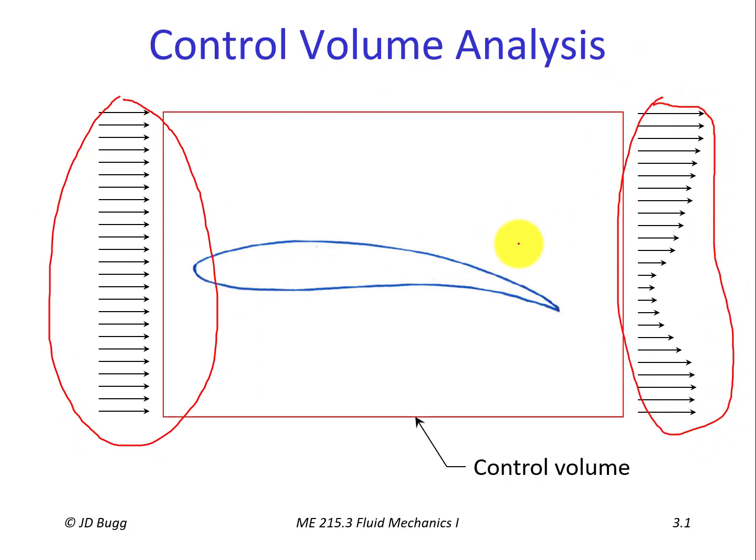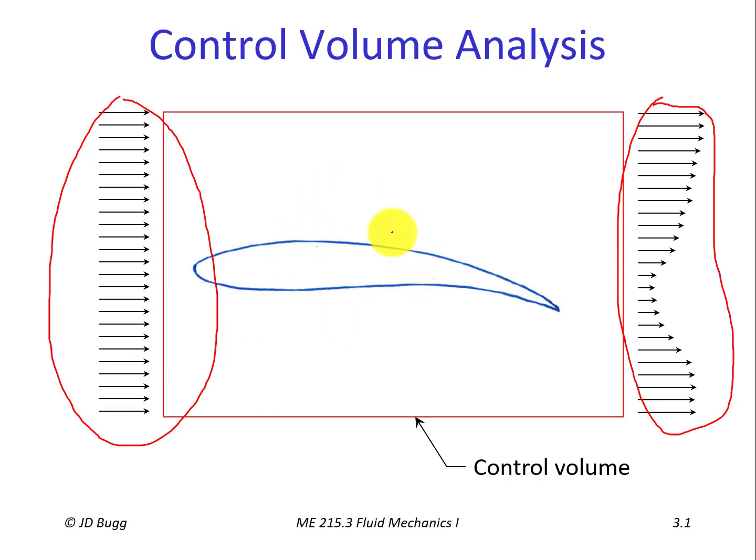And the change in momentum that that fluid experienced comes about because there was a force exerted on that fluid while it was inside our control volume. So if it has a different momentum leaving than it had coming in, there must have been a force exerted on it in the control volume.